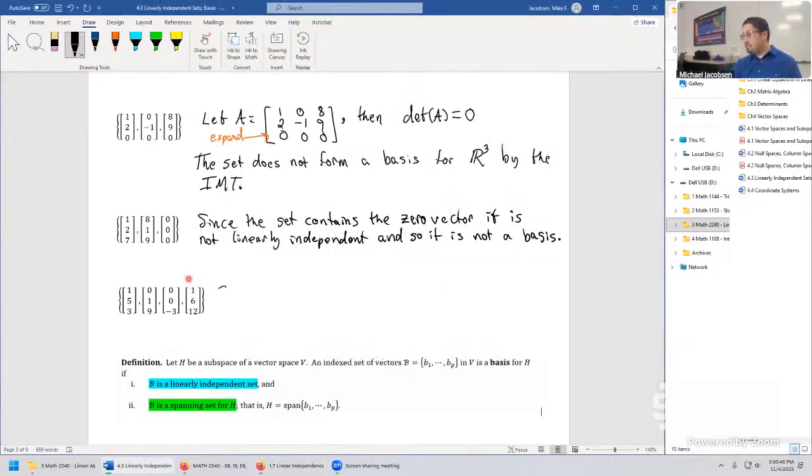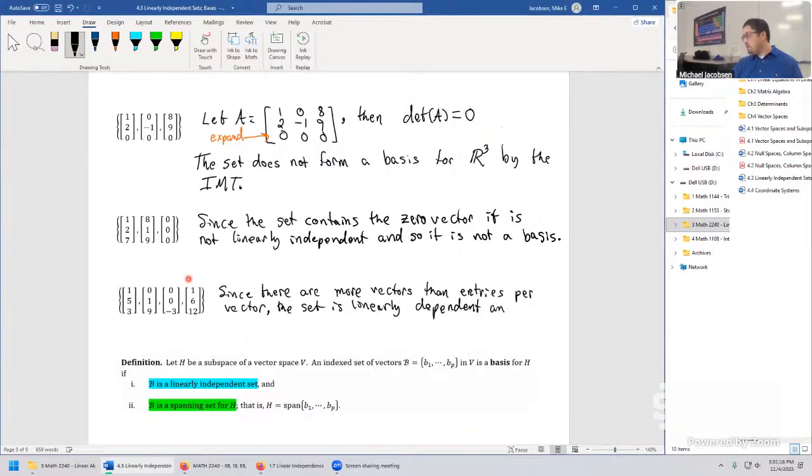So we can say, since there are more vectors than entries per vector, the set is linearly dependent and does not form a basis for the vector space R3.